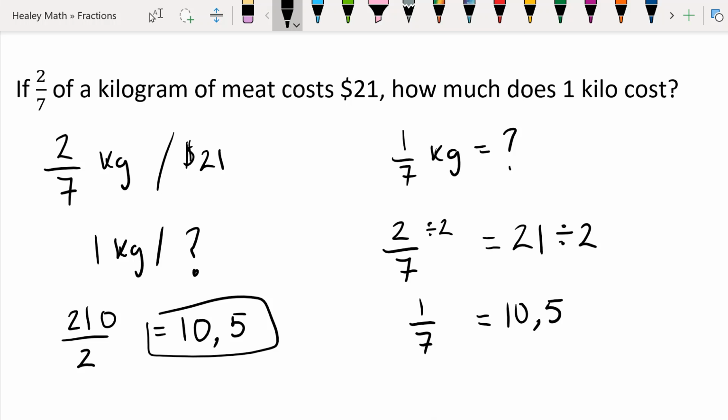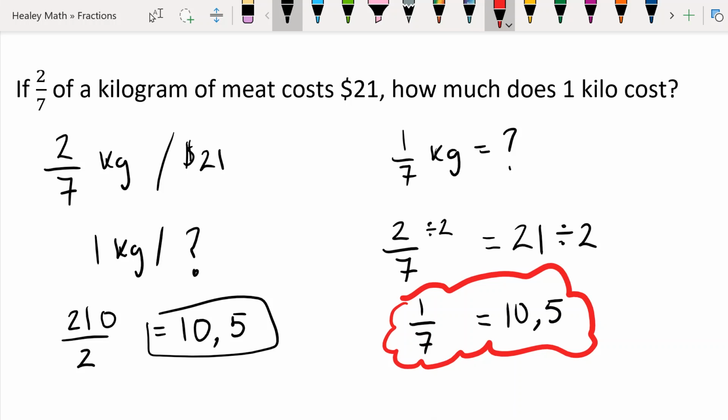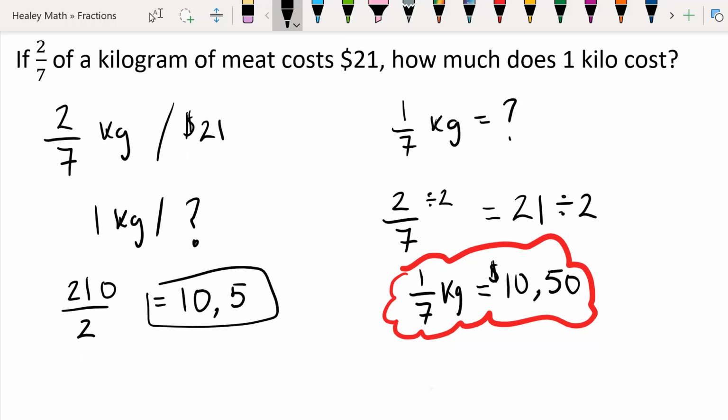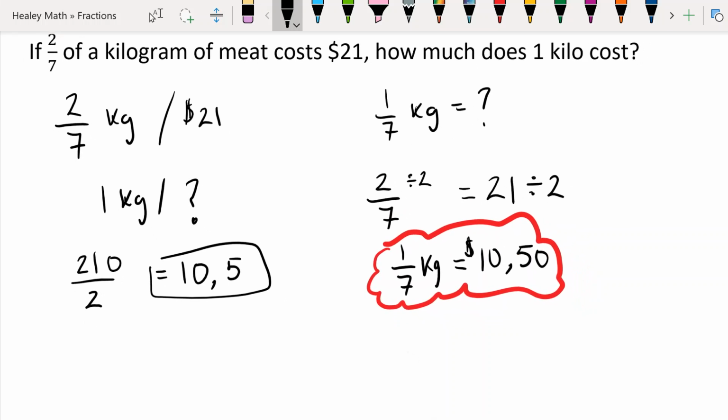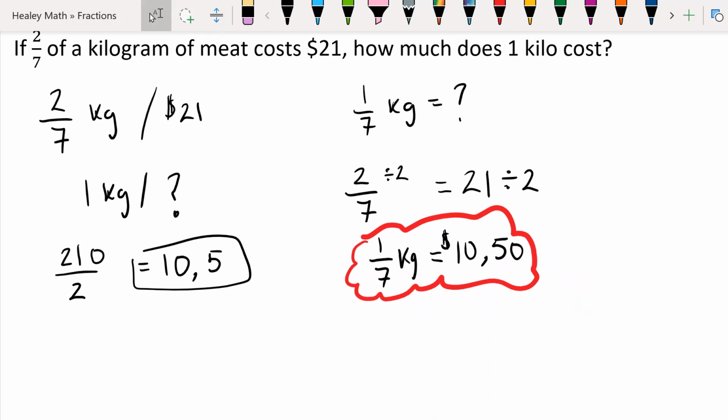This is important to know. We know 1/7 of a kilogram costs $10.50.